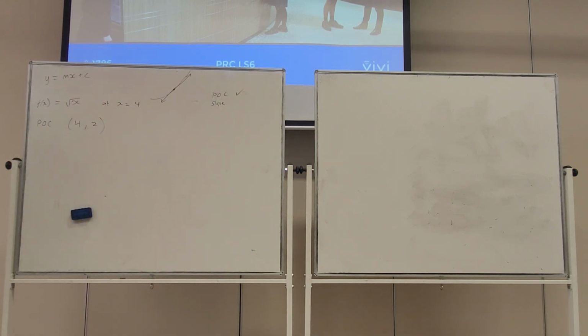All right, so this is what we learned in chapter 2. If we want the slope, that means we need to differentiate it, and we use the derivative function, and we put the x value into the derivative function. So firstly, I've got f of x is x to the half, so f dash of x will be half x to the minus half. Which we could express as 1 on top of 2 root x.